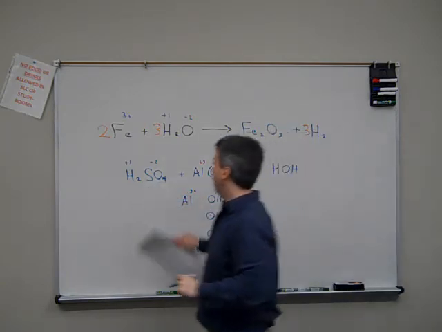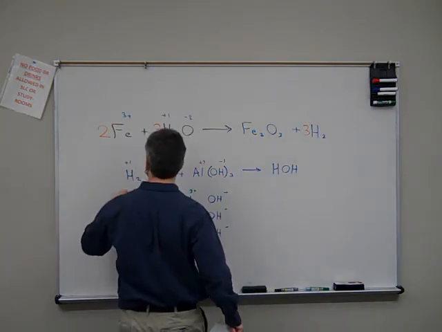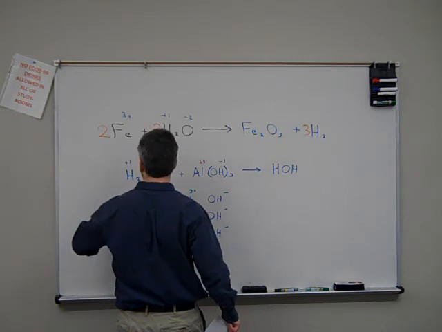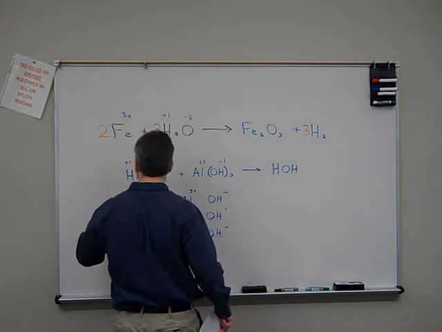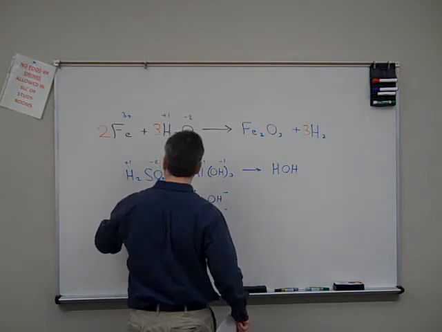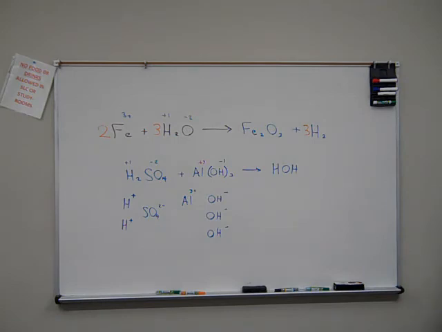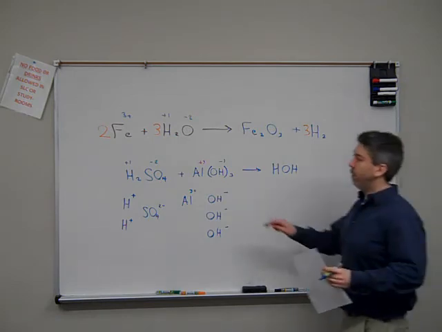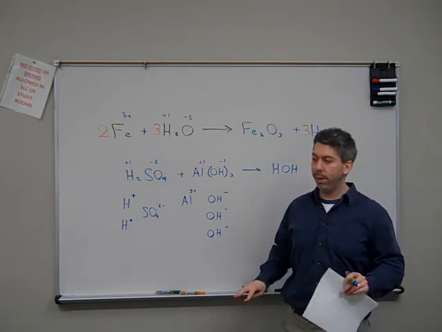Likewise, H2SO4 doesn't separate into H2 ions, it separates into 2 separate H+ ions and an SO4 2- ion. So keep in mind that even though they look like they're together here, when they're dissolved in a solution, they're actually all separate ions.